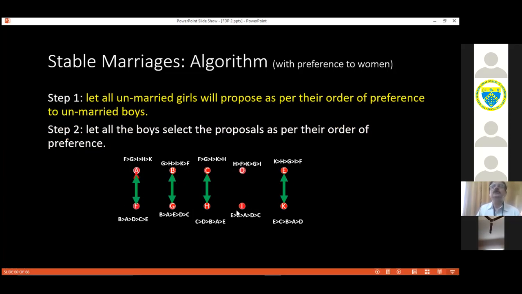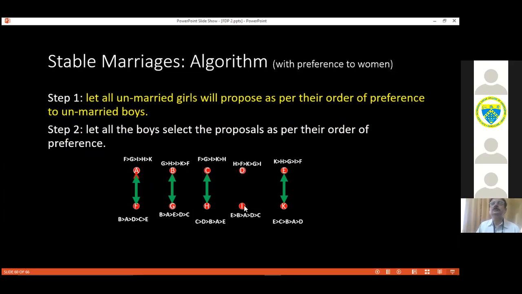After that, there is no choice. I should propose to D, and D should accept I. That's all. This is another marriage. This is the stable marriage.